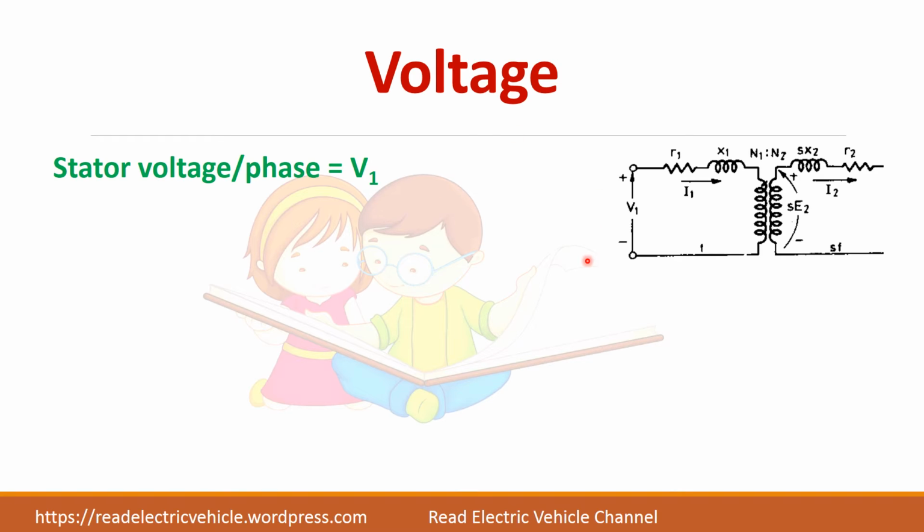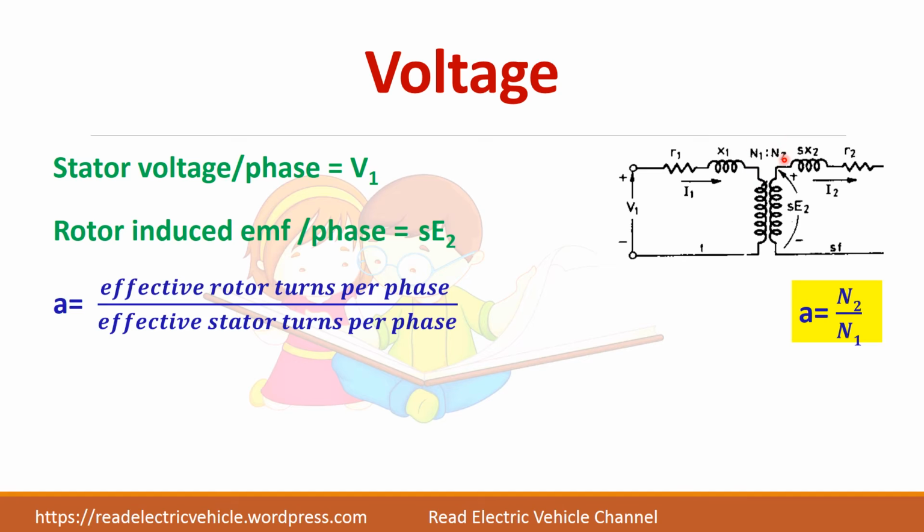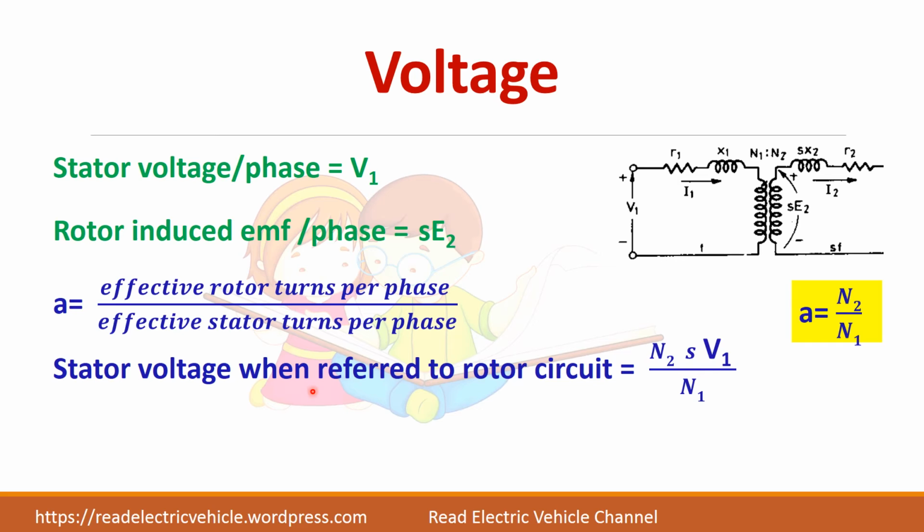V1 is the stator voltage per phase, and SE2 is the rotor voltage, and we have the turns ratio A equal to rotor turns per phase divided by stator turns per phase, which is given by N2 by N1. So the stator voltage when referred to rotor circuit is equal to A times SV1, which is also equal to S times E2.